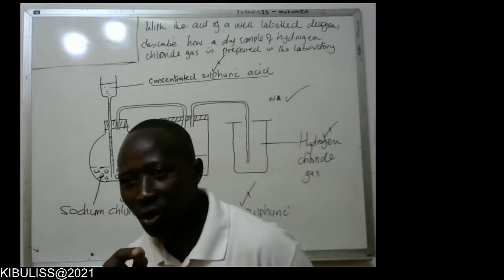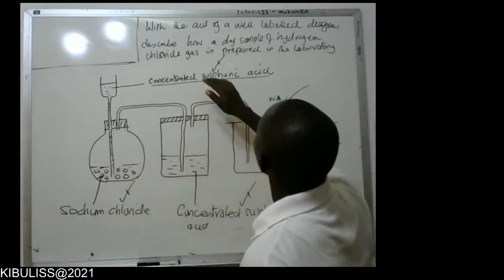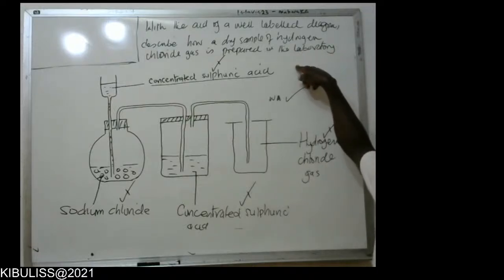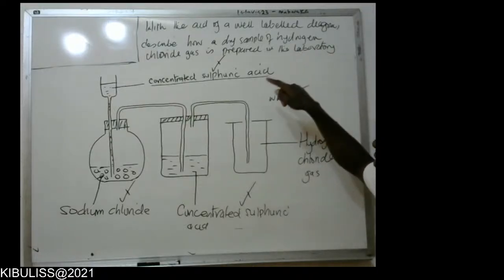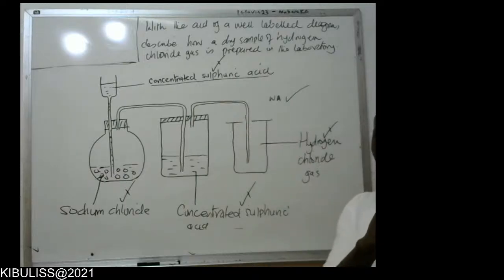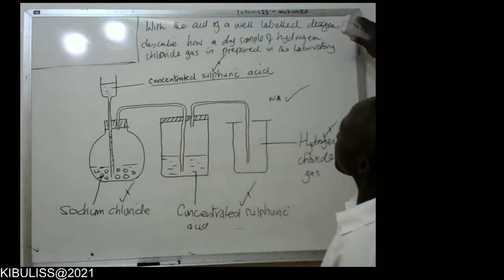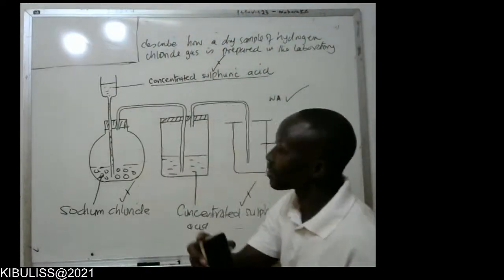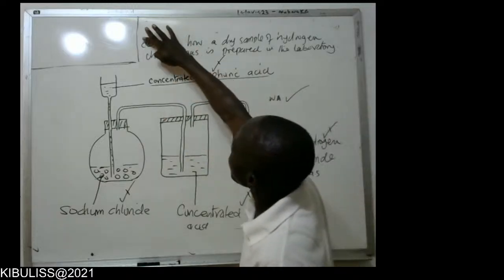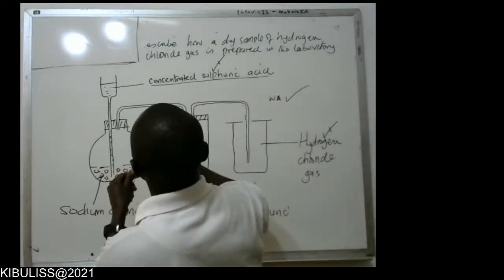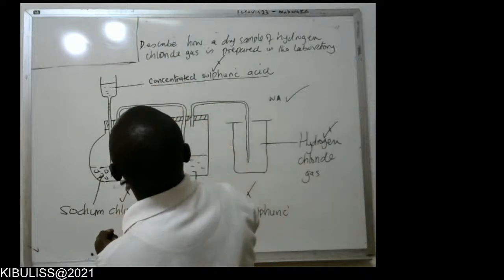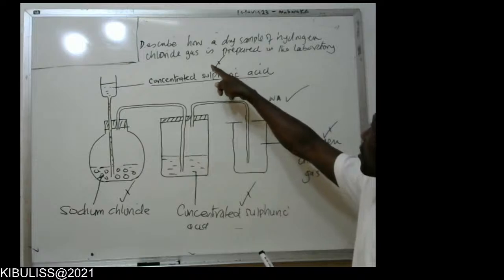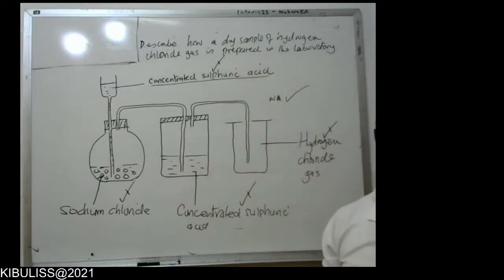Our second question always says, describe, I am editing mine. My second question, sample question number 2: describe, I'm removing that first statement, so I'm converting this into a capital D. So the question reads, describe how a dry sample of hydrogen chloride gas is prepared in the laboratory.